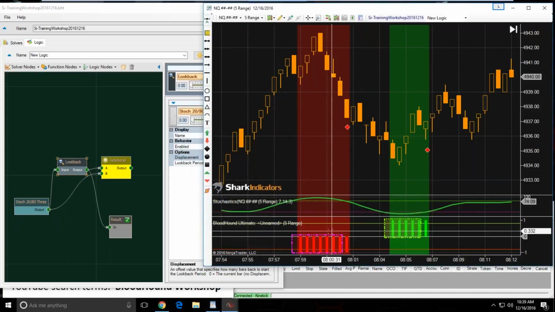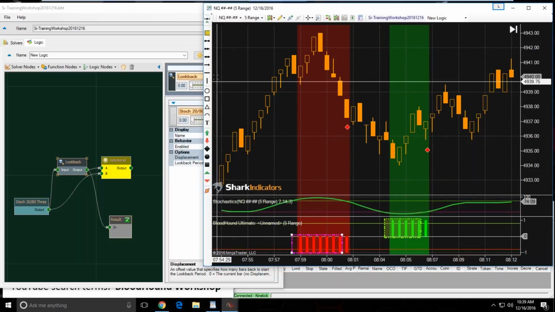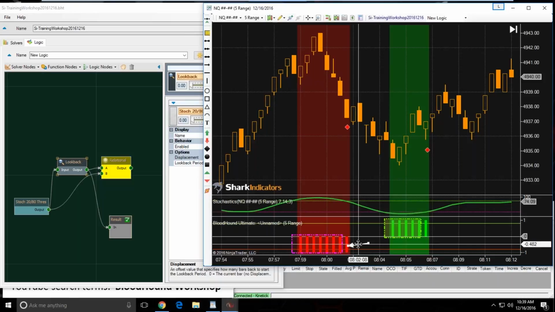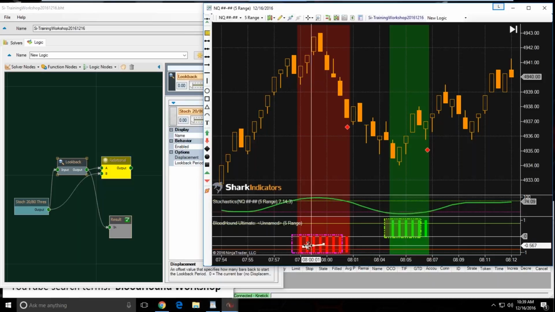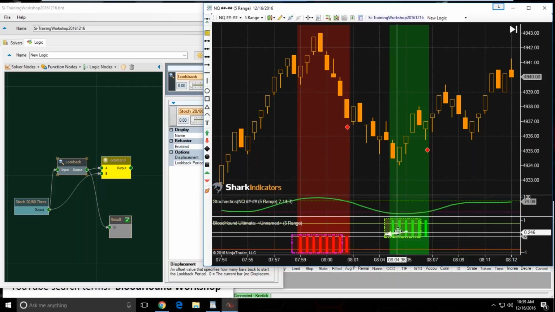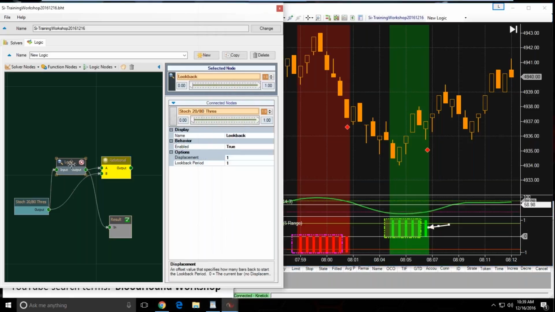So if we look at the chart, here's the rectangle showing where the original signals are, and then we can see that we've got a signal shifted forward 1 bar, so we're missing a signal at the beginning, but all the signals have been shifted forward 1 bar, like so. So that's what the look back is doing.